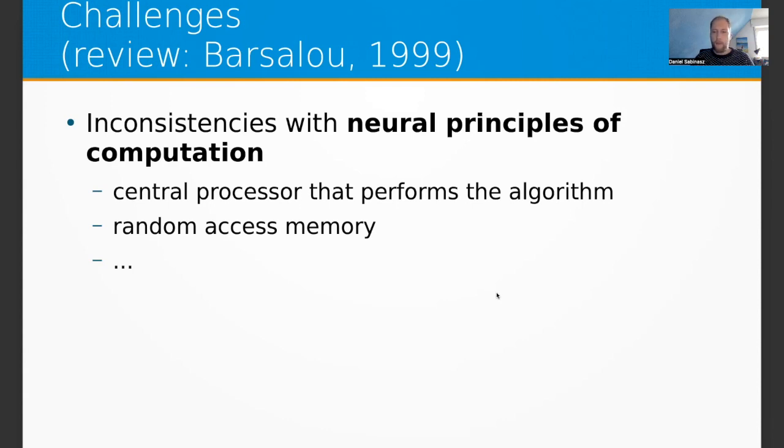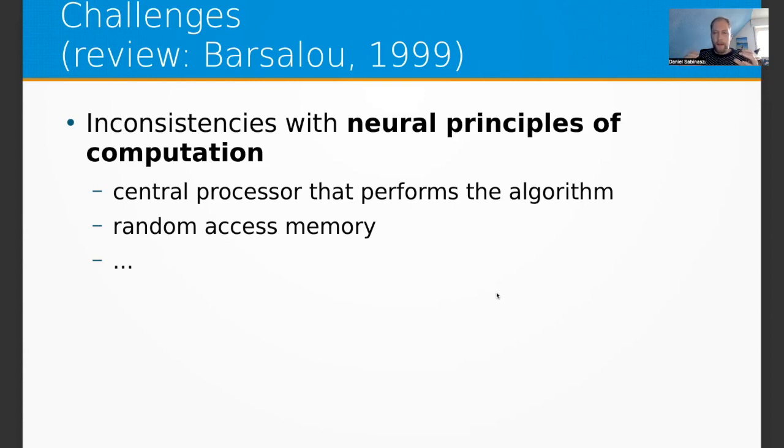Random access memory is a kind of memory where you can flexibly insert new memories at an arbitrary location, and you can also flexibly read out a memory at an arbitrary location. And that is neurally highly implausible.